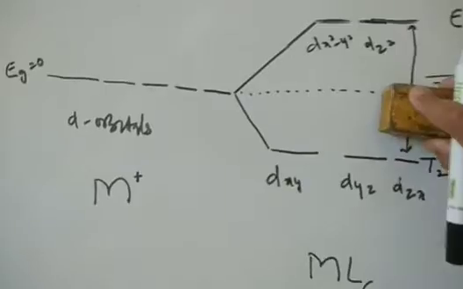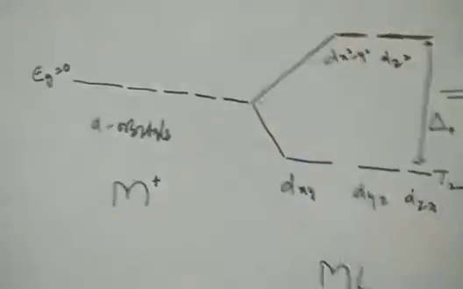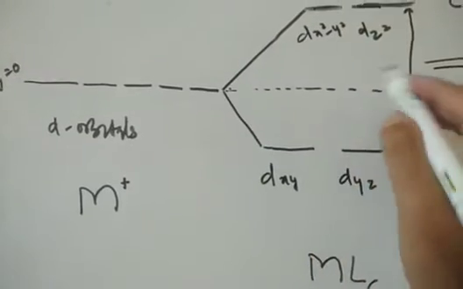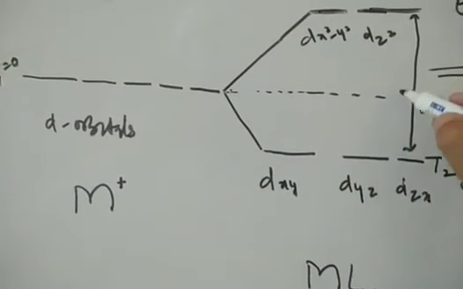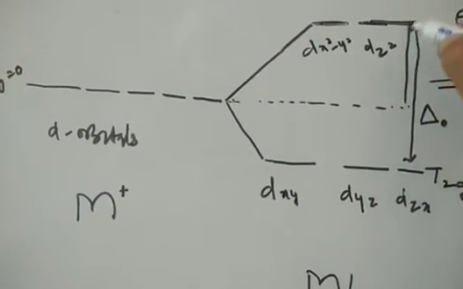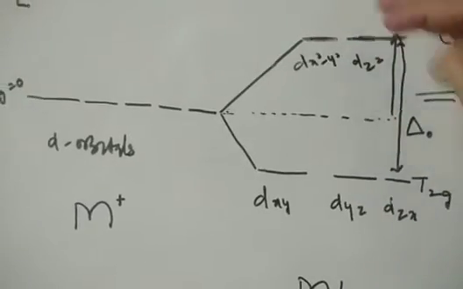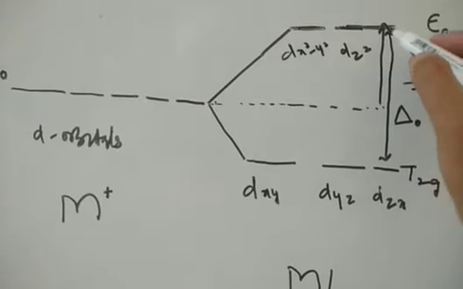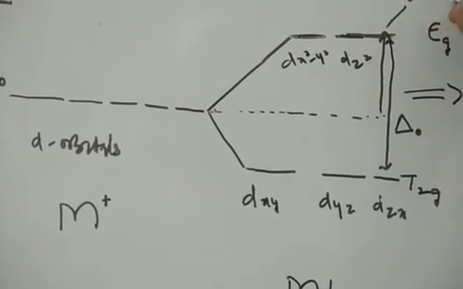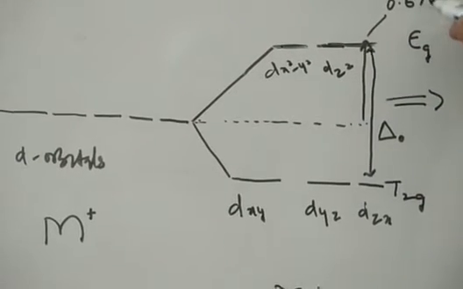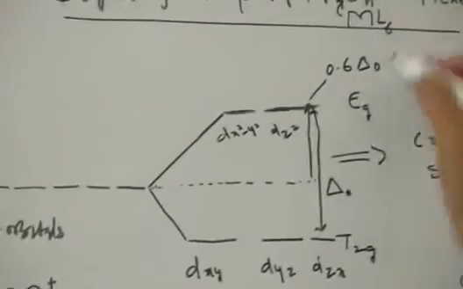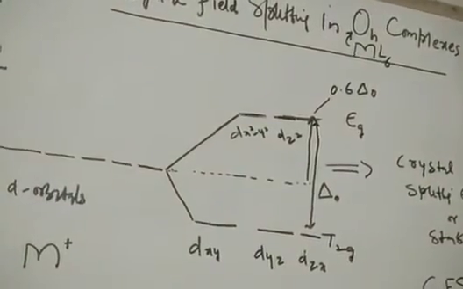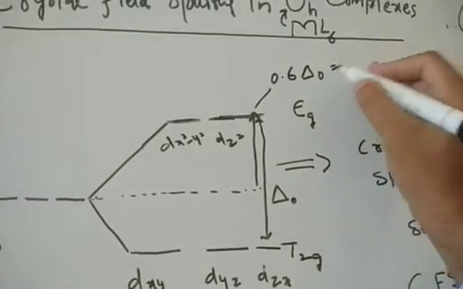So these two orbitals, dx square minus y square and dz square, got elevated, raised in energy because of strong repulsion. This gap is 0.6 delta O, that is 3 by 5.